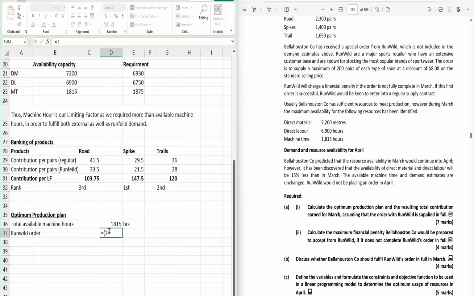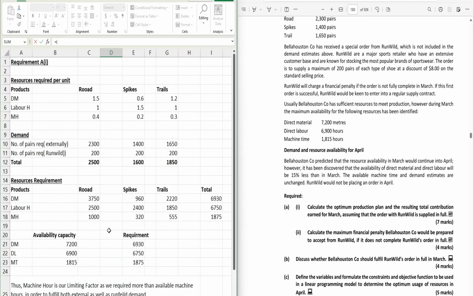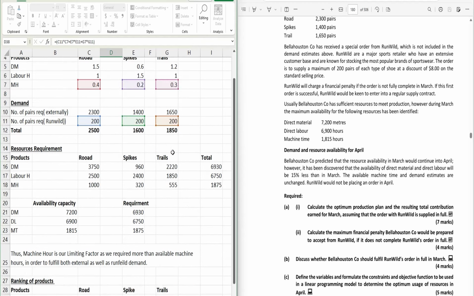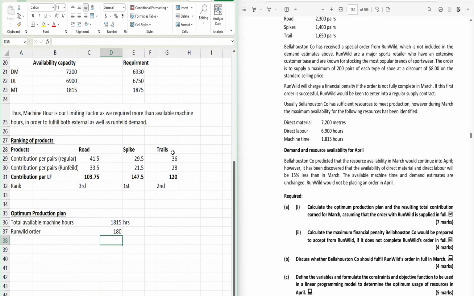We are producing 200 units for the Runfield. So we will go above, take the 200 and multiply it with the machine hour, which is this one. Then we will add the machine hour for spike along with the product for the Runfield, then again add the trial machine hour into the product. So adding this, how many hours are required? 180 hours.